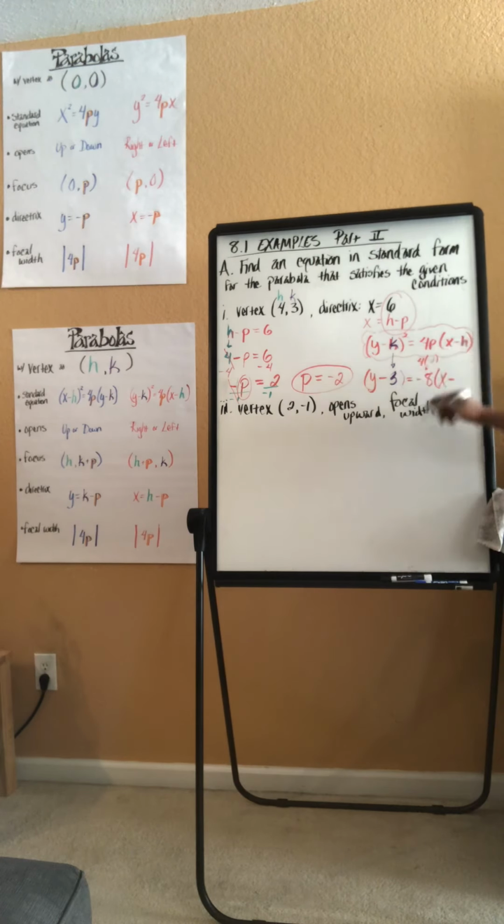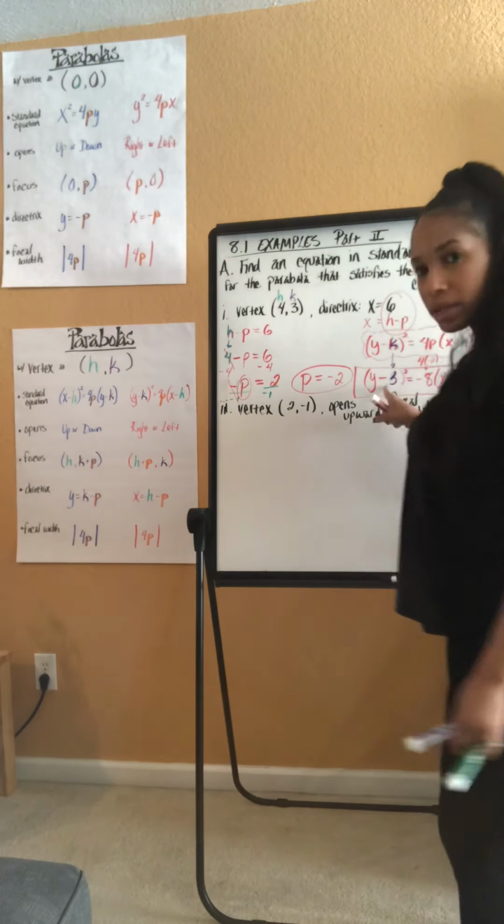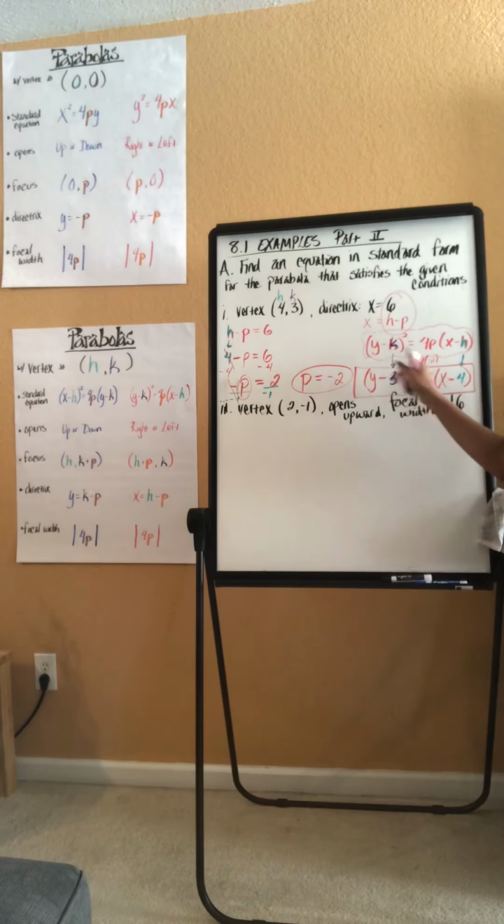And my h was the number 4. So we'll just drop down that 4. And that is our equation. Oh, square. Don't forget your square there. You only have a square on one side, by the way. That's a common mistake. People will try to put squares on both sides, but you only have a square on the left. But that is my answer for A1.